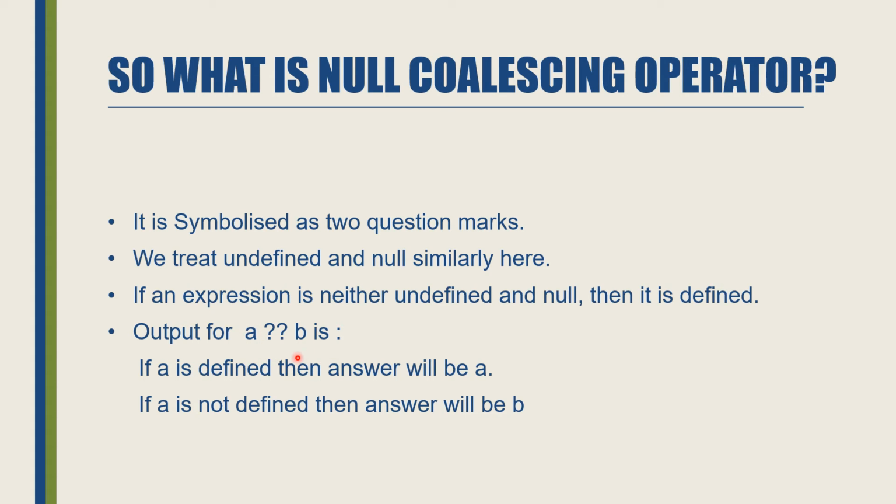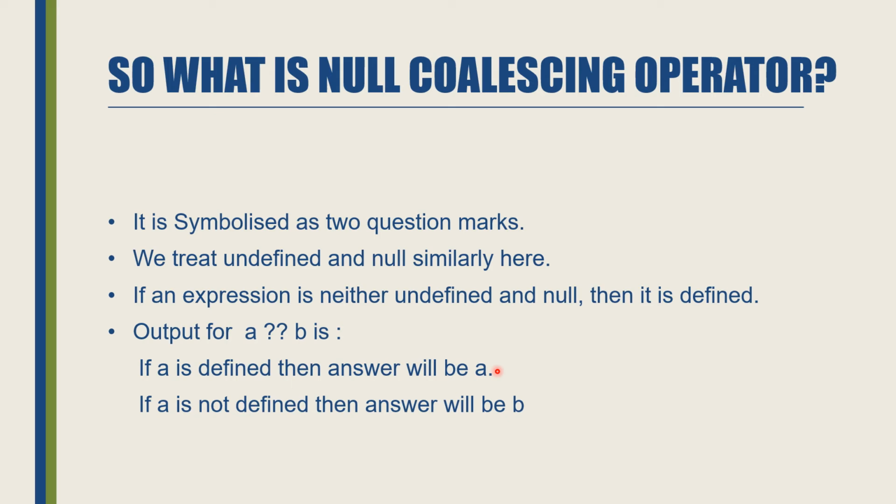If A is defined, then the answer will be A. But if A is not defined, then the answer will be B. That is the meaning of this null coalescing operator: if A is defined, the output will be A, but if A is not defined, the answer will be B.